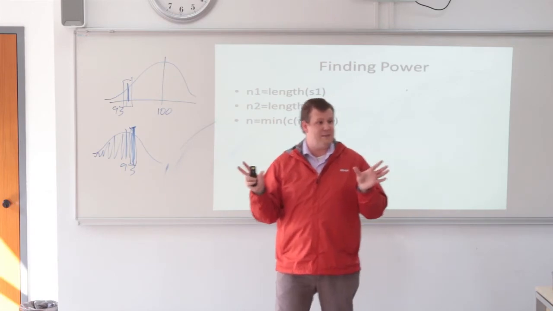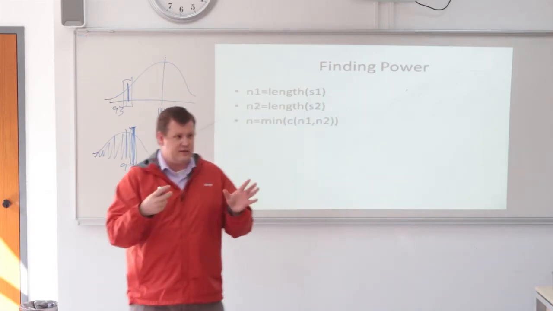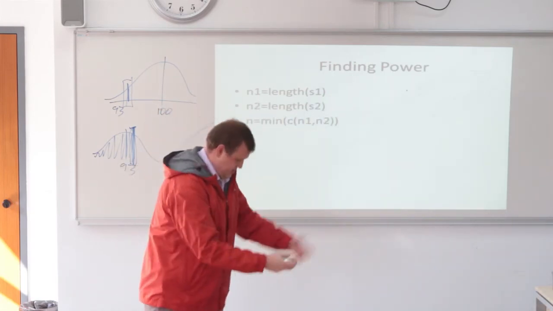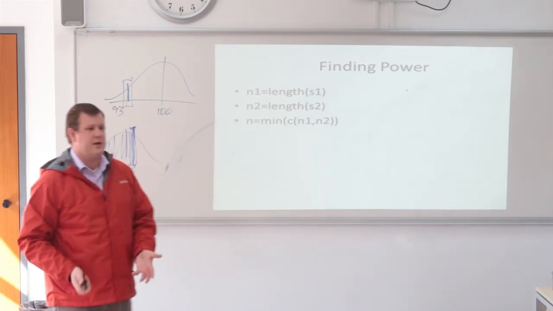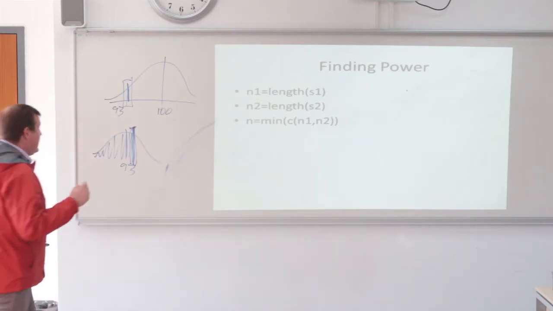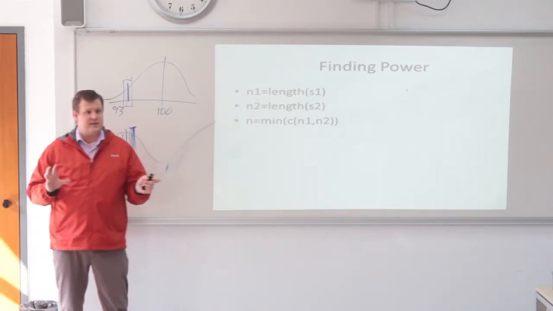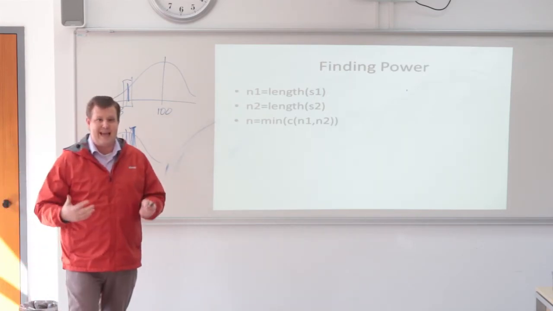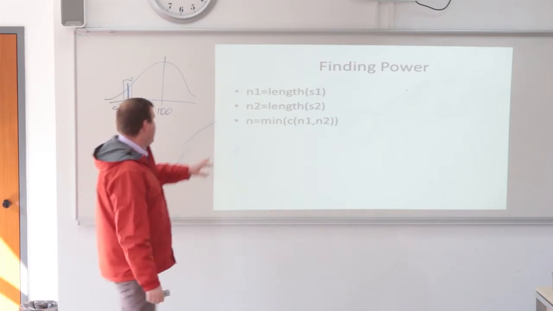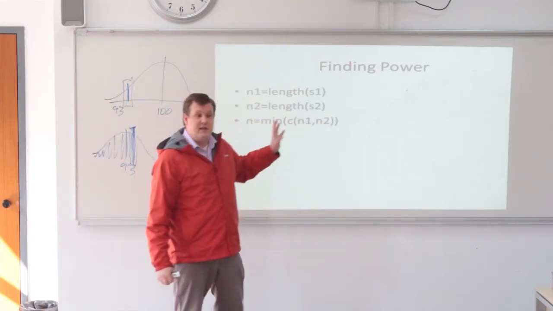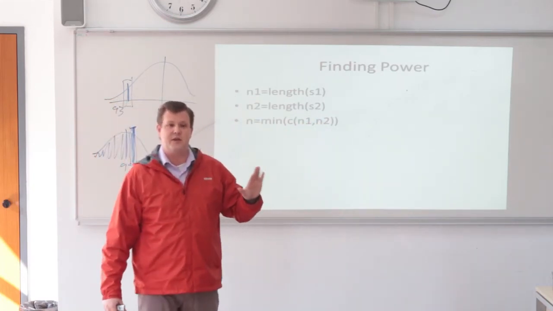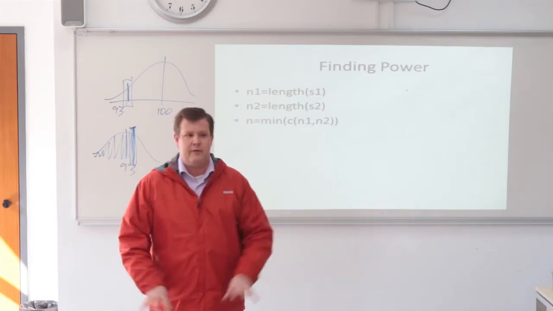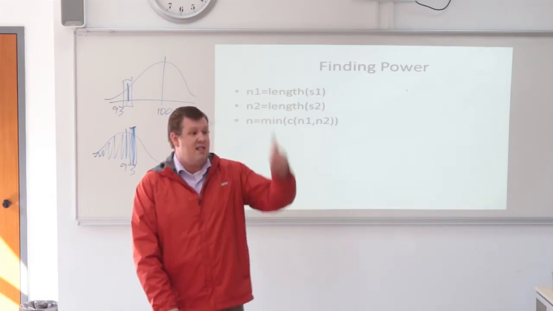If you didn't have equal sample sizes, you couldn't subtract. But if you have unequal sample sizes, in order to use the more appropriate n, you should take the minimum of the two different n's.